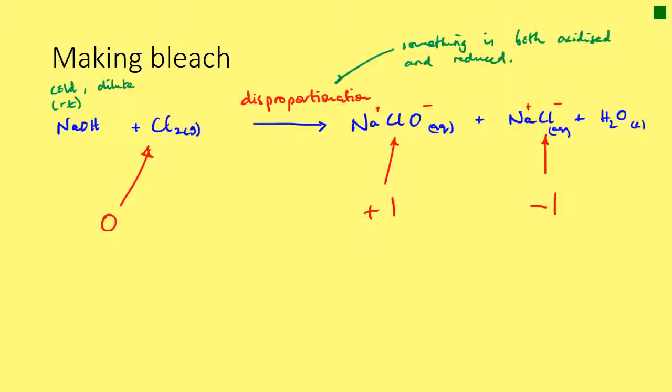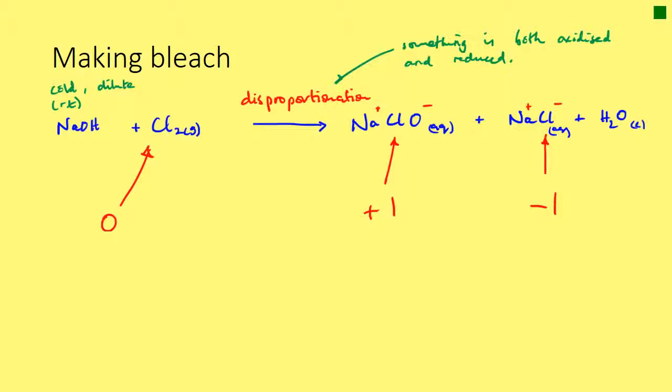So as you can see, going back to the word disproportionation, you had 2 chlorine atoms in our chlorine molecule to start off with as our reactant, and one of those chlorine atoms has been oxidized, the one in the sodium chlorate, with an oxidation number of +1, and one of them has an oxidation number of -1, and that's been reduced.